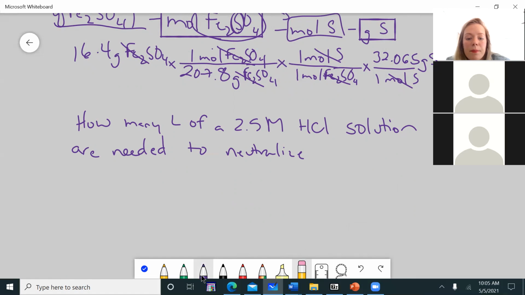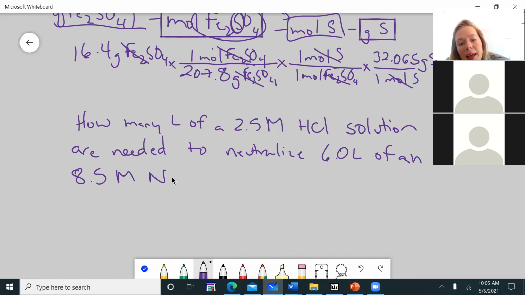Neutralize, let's say, 6.0 liters of, and we'll still go with that 8.5 molar NaOH solution.